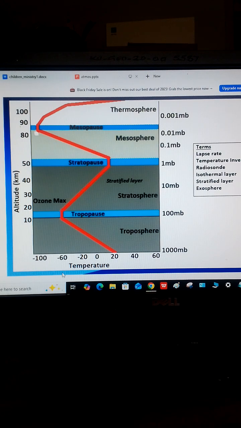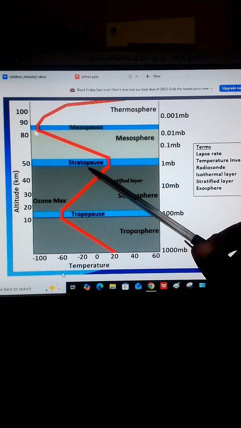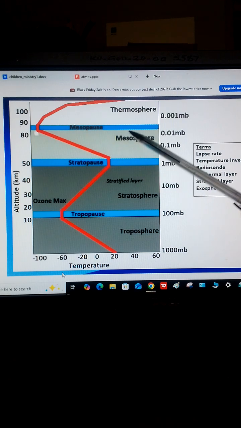Now, air temperature in the mesosphere. After the stratosphere, we have the stratopause, and from there we have the mesosphere. Air temperature in the mesosphere decreases with the height, since there is little ozone in the air to absorb solar radiation.